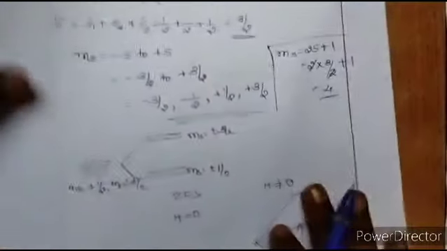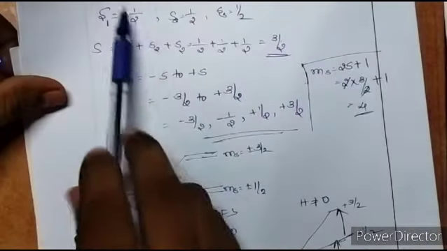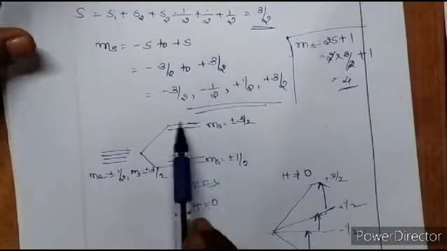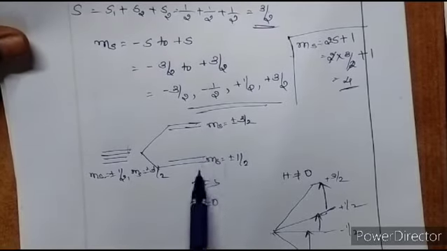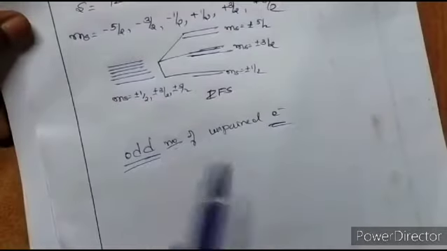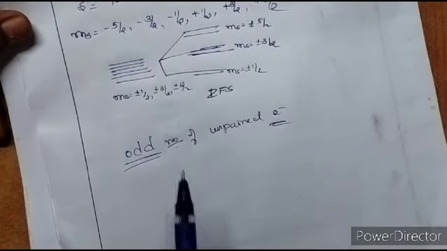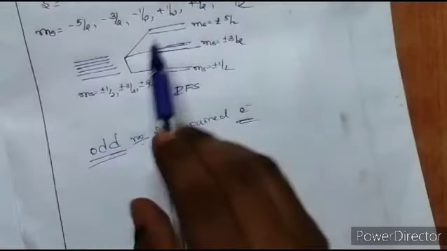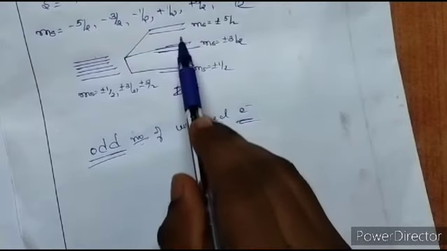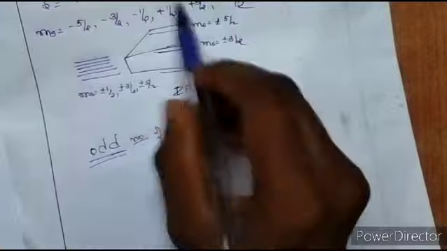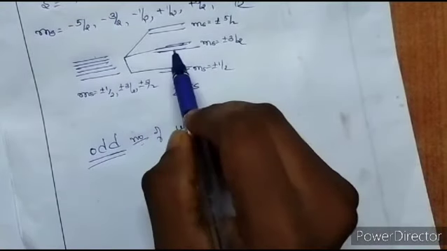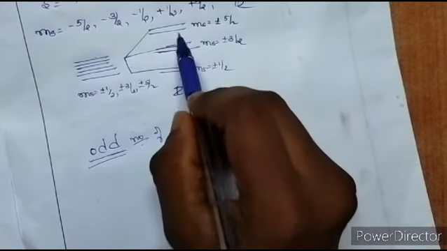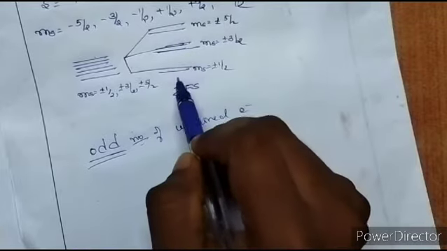And for 3 unpaired electrons, the energy level diagram is observed like this. So if the system has an odd number of unpaired electrons, the ms levels are doubly degenerate. Because of zero field splitting, all the ms levels are doubly degenerate.